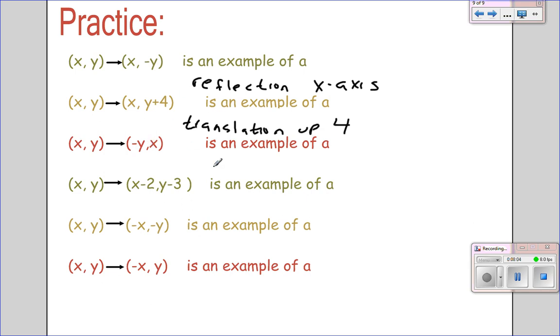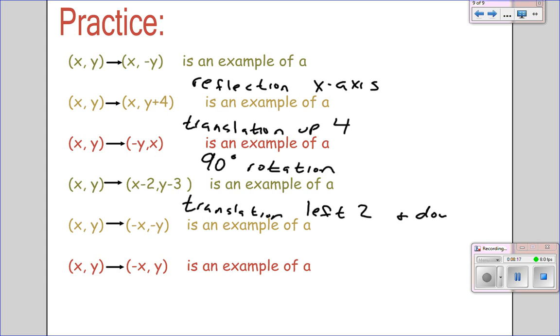This would be a 90-degree rotation. Here we have a translation that is left 2 and down 3. This is a 180-degree rotation. And finally, this would be a reflection over the y-axis because the y stayed exactly the same.